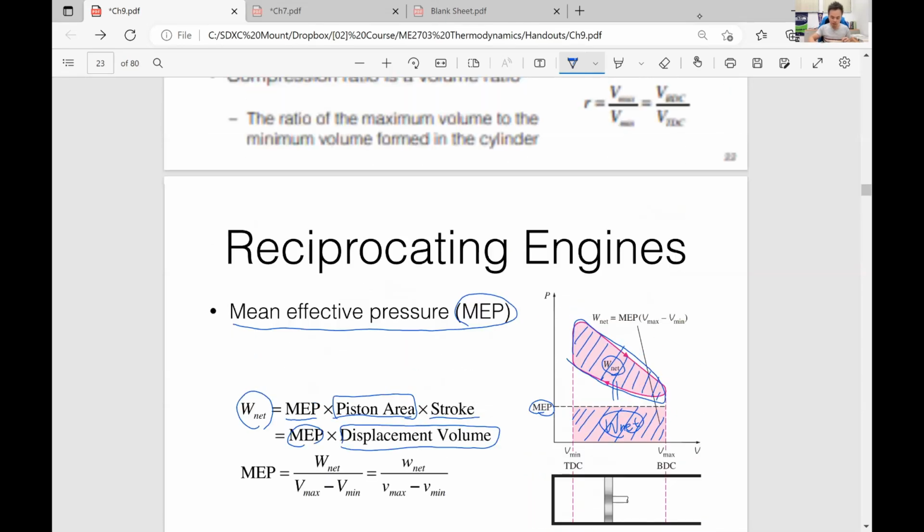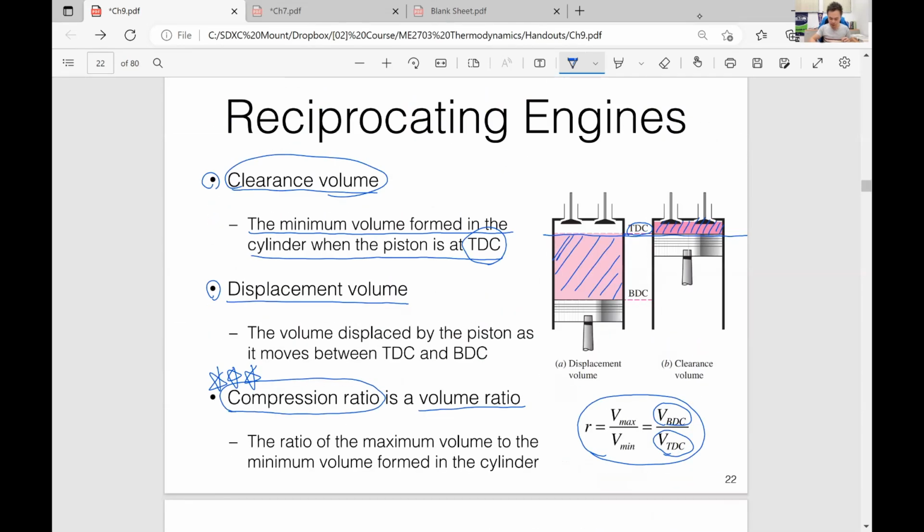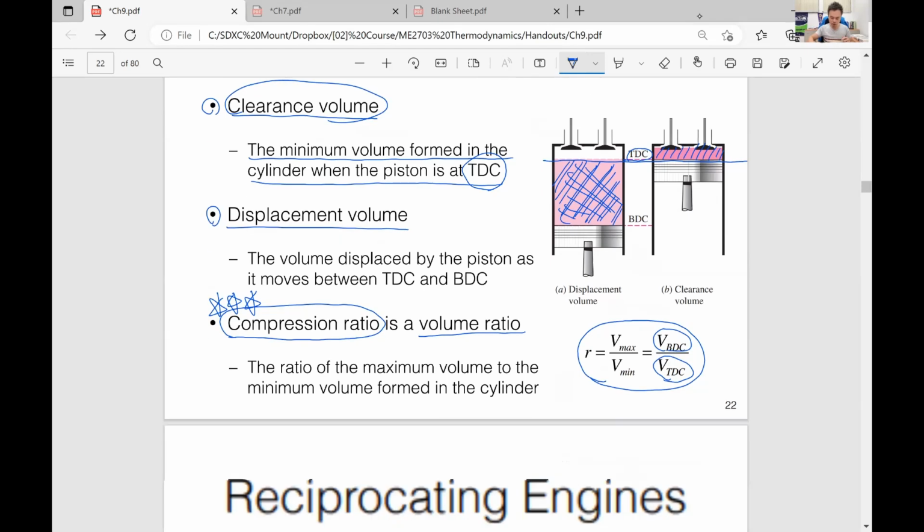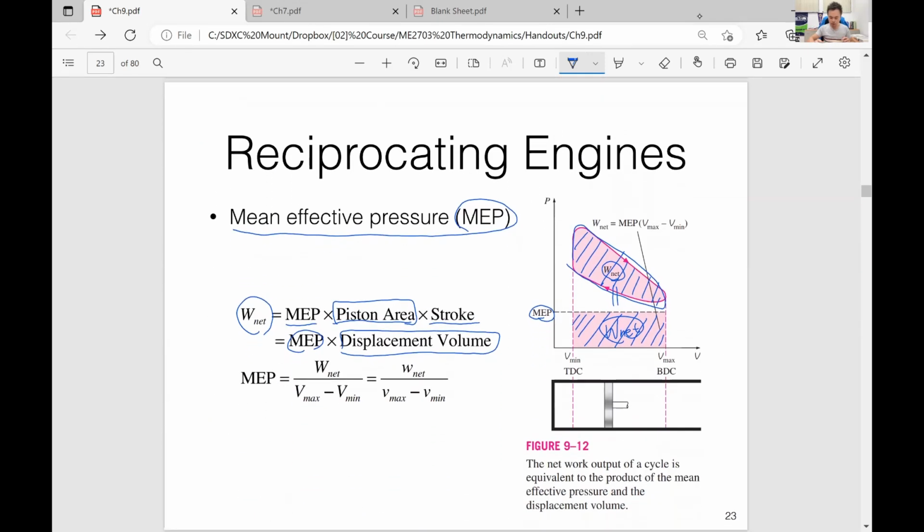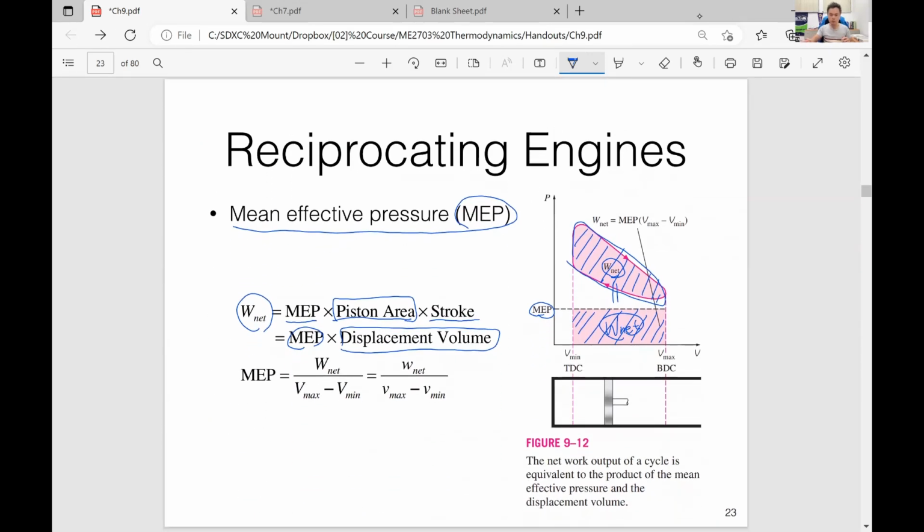Displacement volume is this volume. So MEP times this volume is the net work.